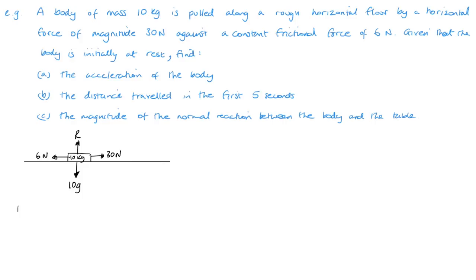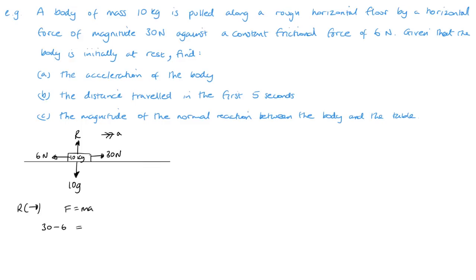So for this now, we're going to resolve horizontally. So we're using F equals ma, and the resultant force will be 30 minus 6. So we're assuming the acceleration is going to go this way to the right.